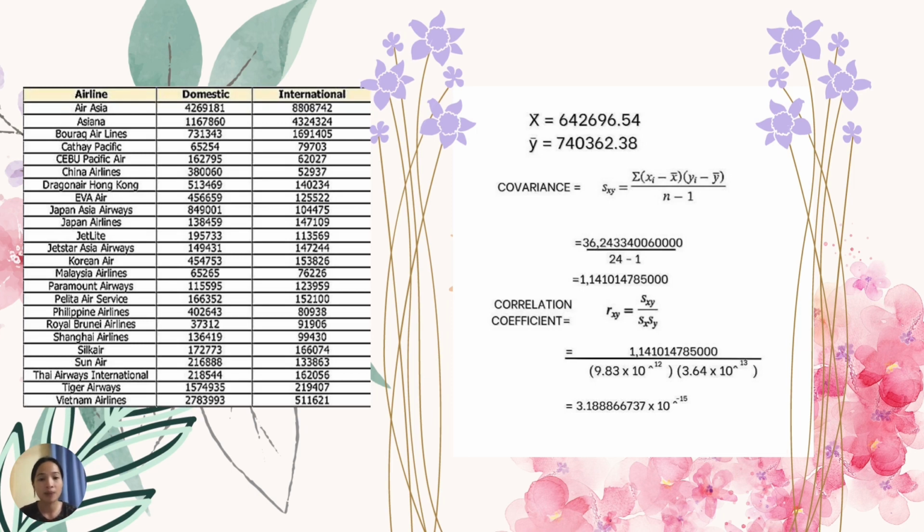To find the X bar, we sum all the domestic values and divide by 24, and likewise for the Y bar. X bar equals 642,96.54 and the Y bar equals 740,362.38. For the measure of association, we're going to use covariance and correlation coefficient.